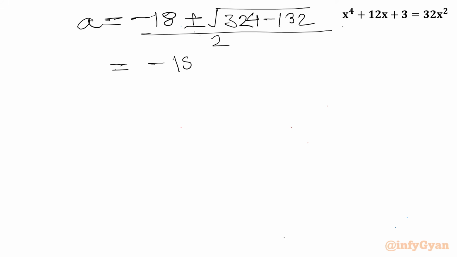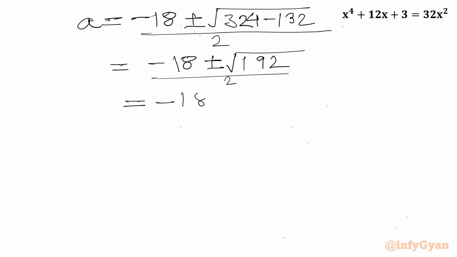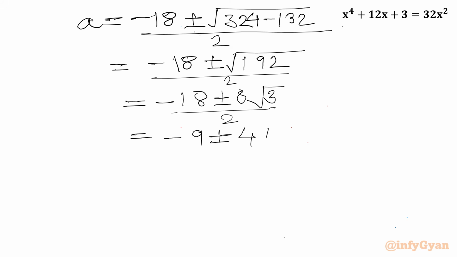So minus 18 plus minus, this value will be 192 over 2, which I can write as minus 18 plus minus 8 times root 3 over 2. 192 is 64 times 3. Now I will divide by 2, so minus 9 plus minus 4 root 3.